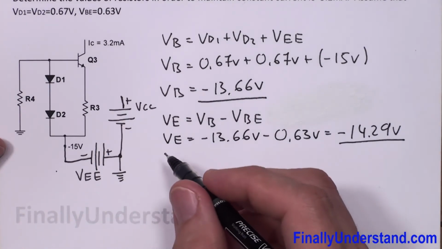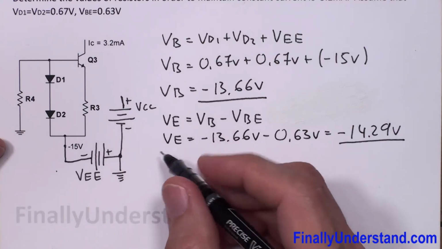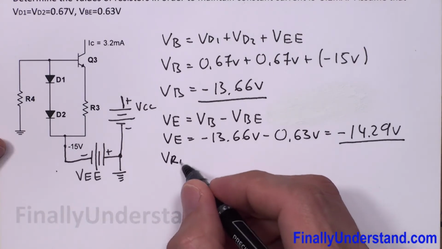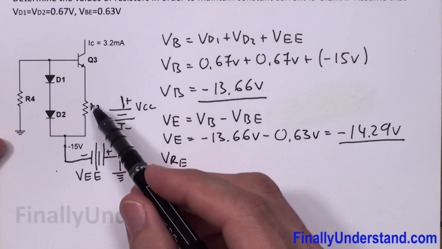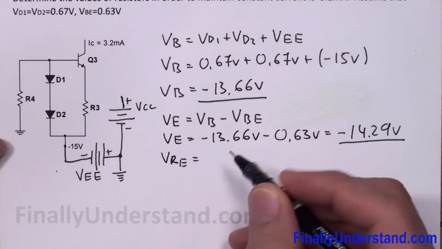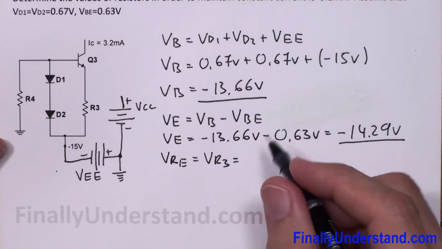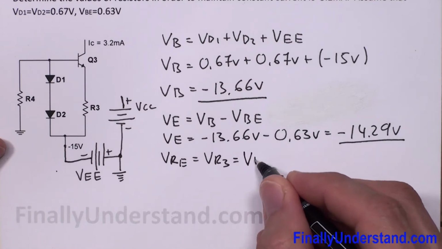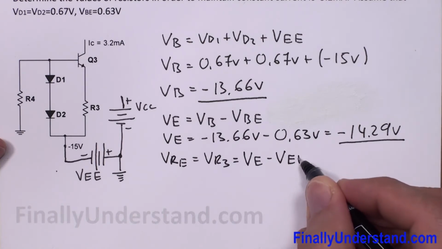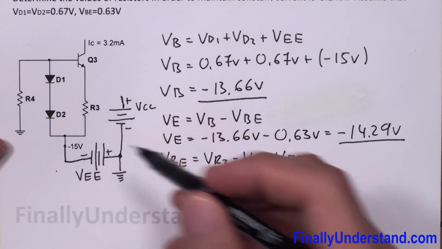Now I can find the voltage VRE, or in other words VR3. Anytime I say VRE, this is the voltage across the resistor which is connected to the emitter of the transistor. So this is VRE, or in our case this is VR3. VR3 is simply VE minus VEE. So this voltage minus this voltage will give me the voltage across this resistor.